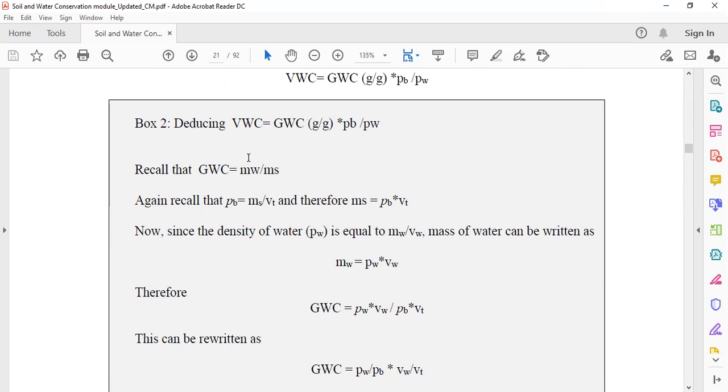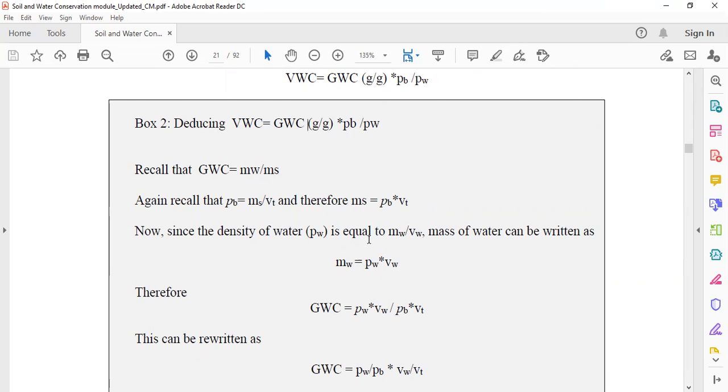Then these masses we can rewrite based on the formula for density, for example, mass of water, we can say mass of water is equal to the density multiplied by the volume.